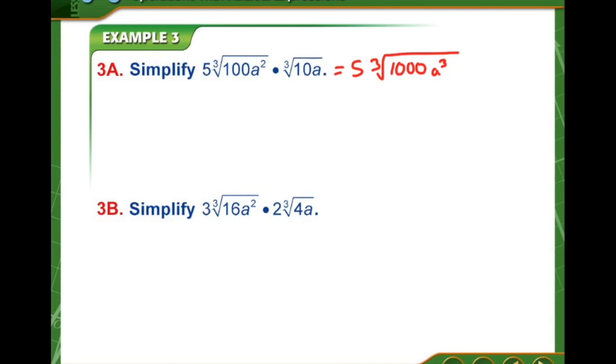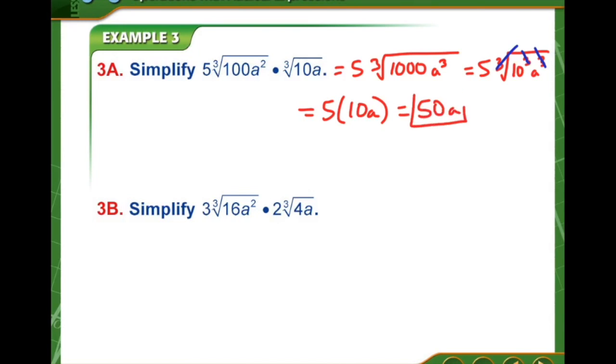So we can break these down because 1,000 is just 10 cubed, and a is being cubed as it is. So now we can actually get rid of the cubes here and the cube root. So we now have just 5 times 10a, and 5 times 10 is 50, so this is 50a. No more radical at all on that one.